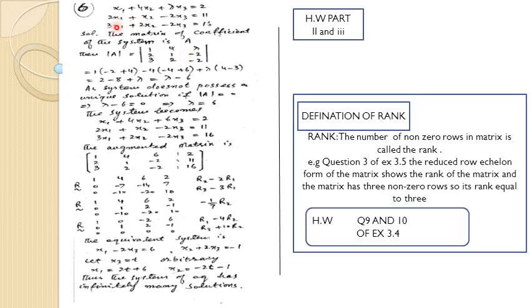Now question number 6, this is a non-homogeneous system of equations. The matrix of coefficients is this, so the determinant of A is lambda minus 6. The system does not possess a unique solution, so the determinant of A is equal to 0, so lambda is equal to 6.